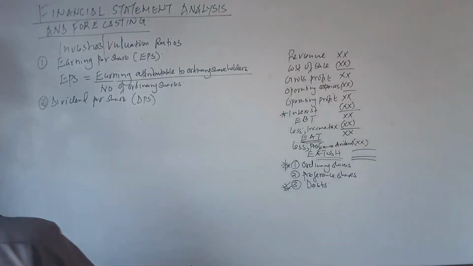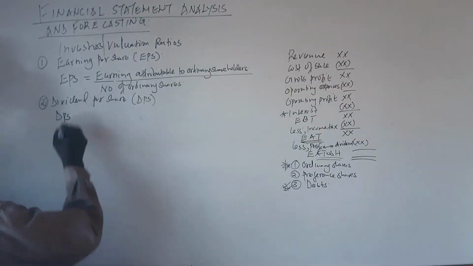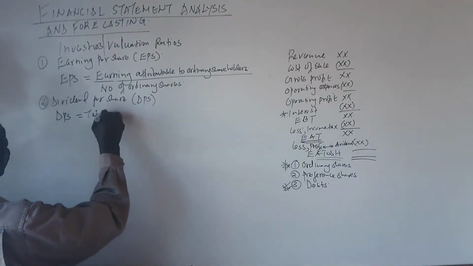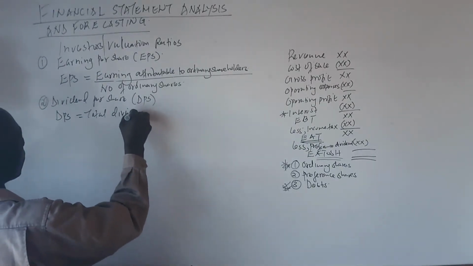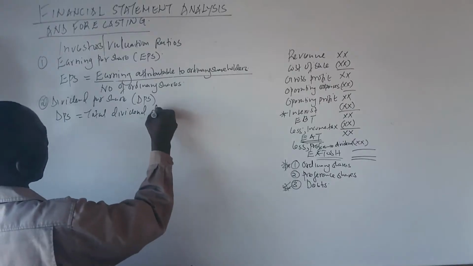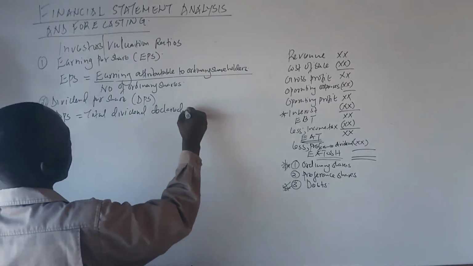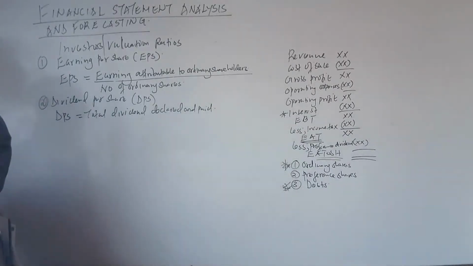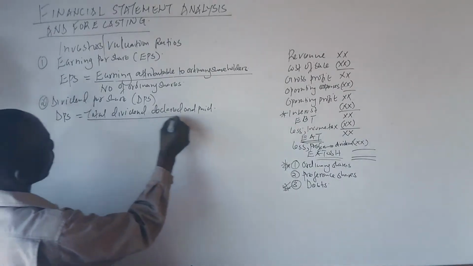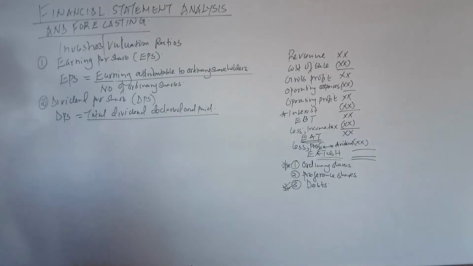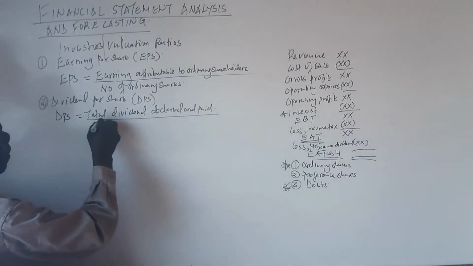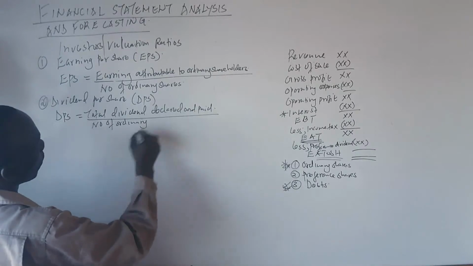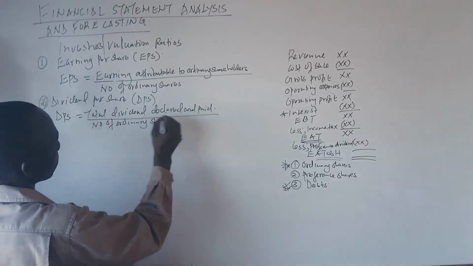For you to get the DPS, you take the total dividends declared and paid, then you divide by the number of ordinary shares.